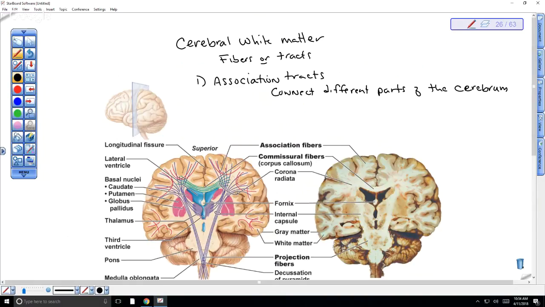So for example, we have the primary visual cortex, which is connected to the visual association cortex.